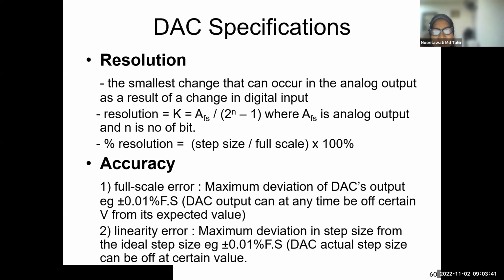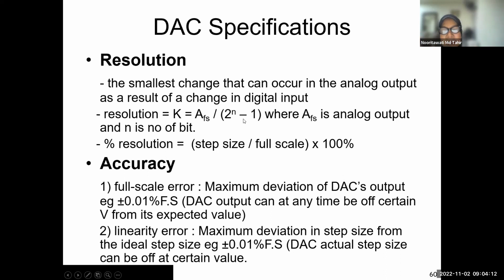The smallest change is the change that happens between the analog output and the digital input. So this is one way to compute our resolution: the full scale, then we divide by 2 to the power n minus 1.